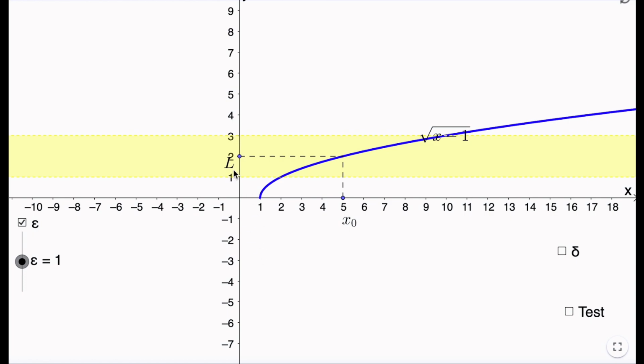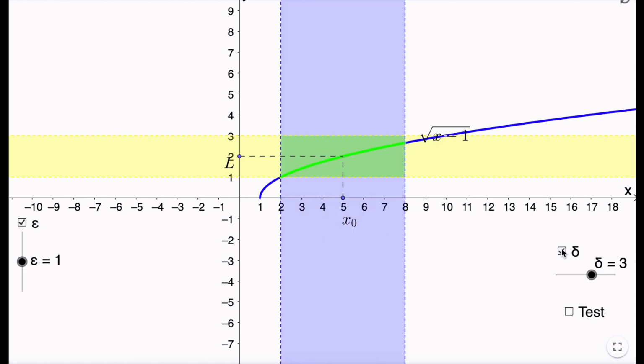If I create my x distance now, I'm going to click on delta.